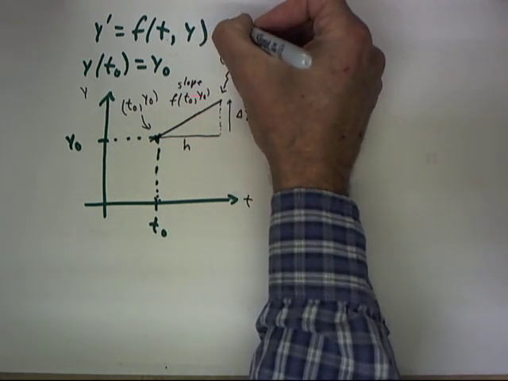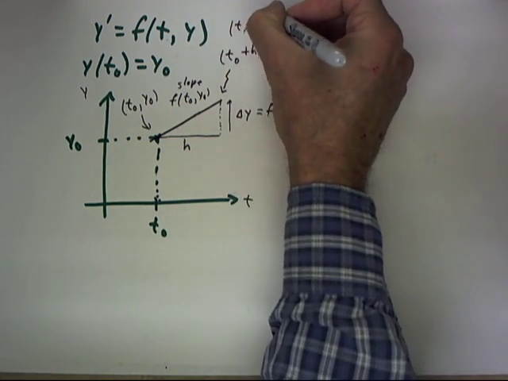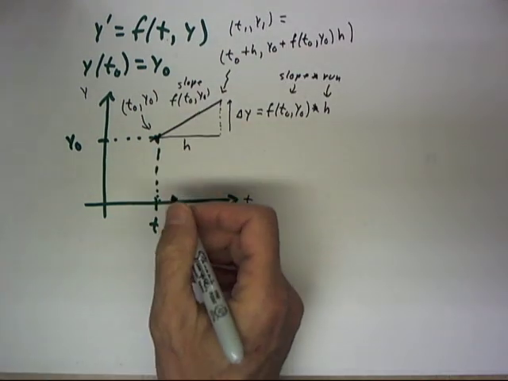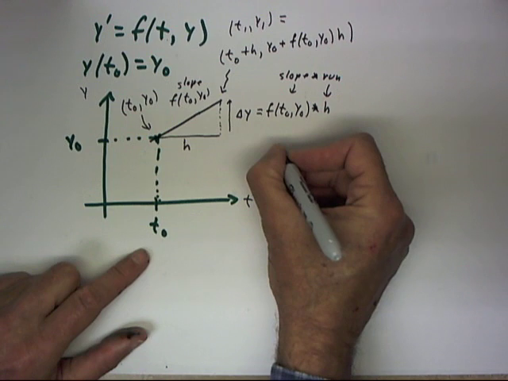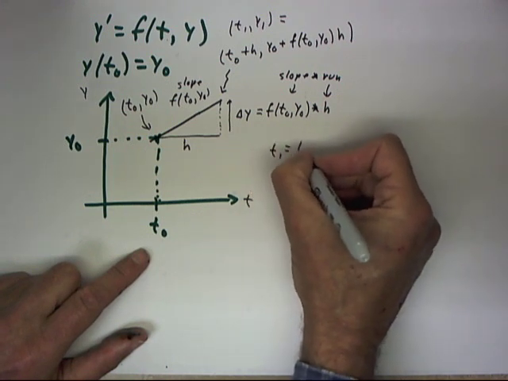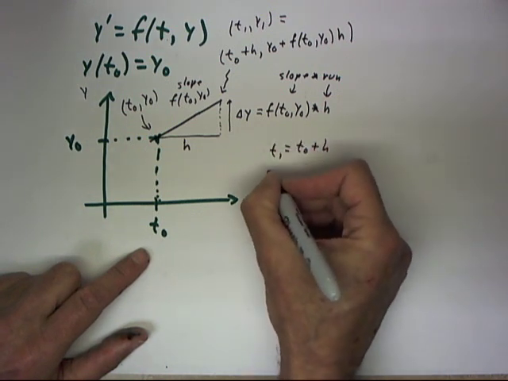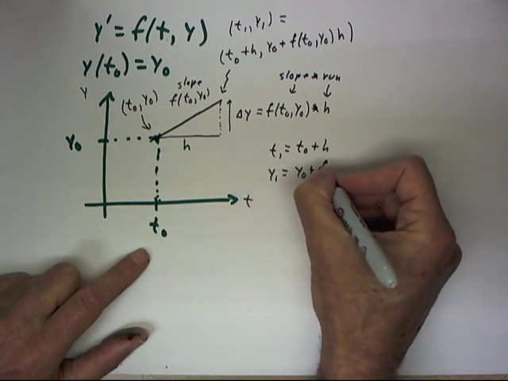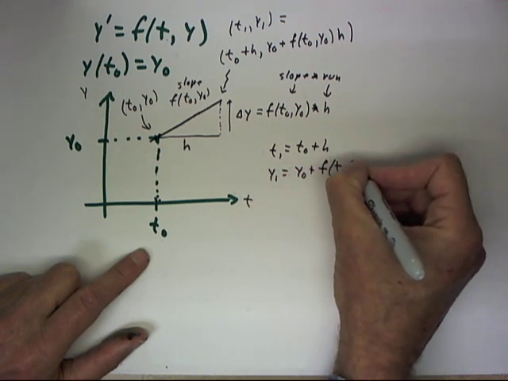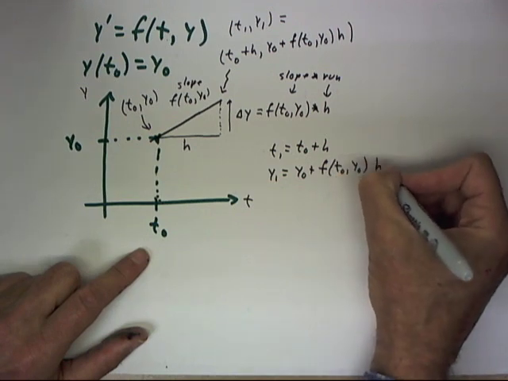Now I'm going to call that point t1, y1, so that we can say that t1 equals t naught plus h, and y1 equals y naught plus f of t naught, y naught times h.